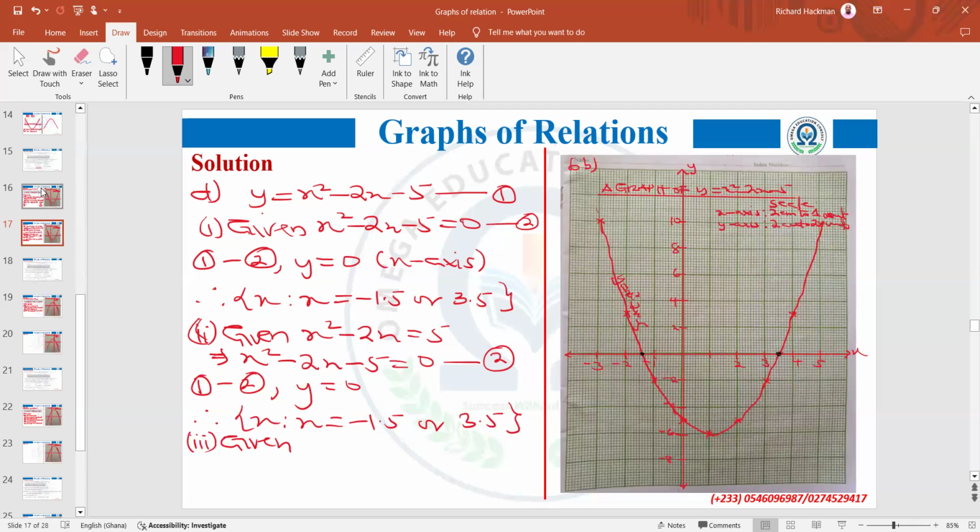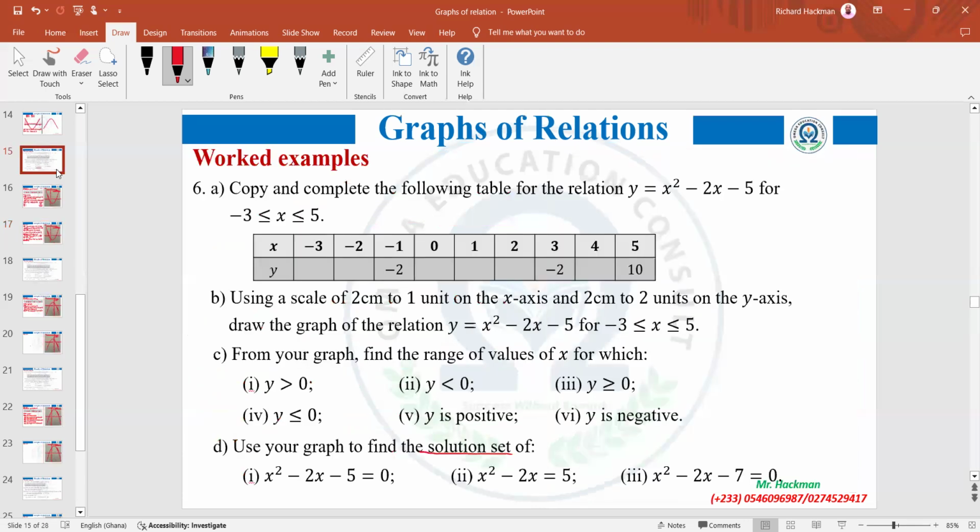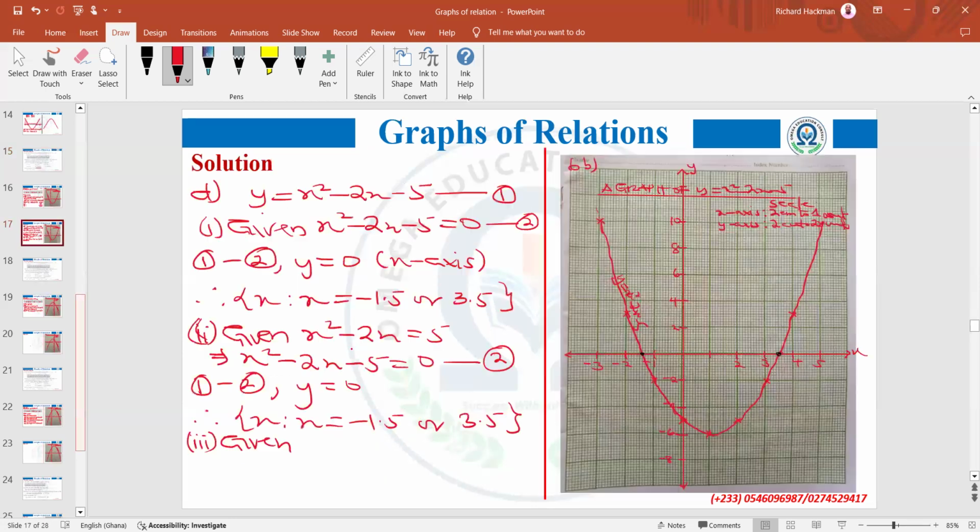What equation are we given? We've been given x squared minus 2x minus 7 is equal to 0. Can you label this equation at this point?